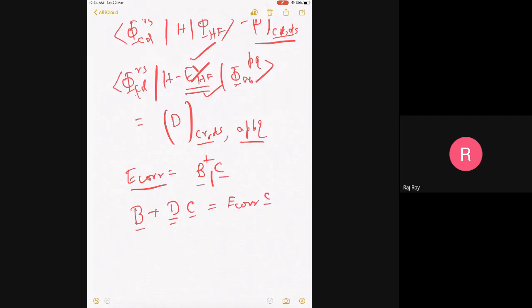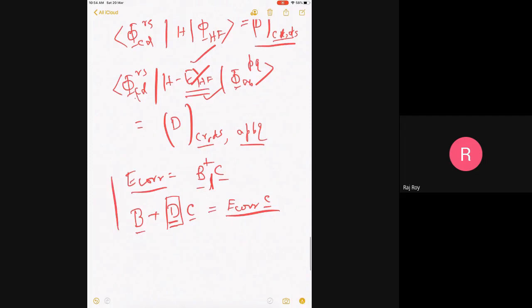So your E correlation is nothing but column B dagger, so that becomes a row, times the column C, and the column B plus the square matrix D times the column matrix C is E correlation C. So this is a very simple way of writing this DCI equation in a matrix form.